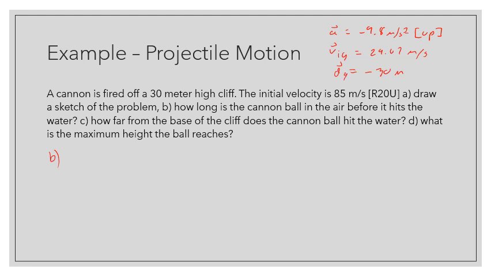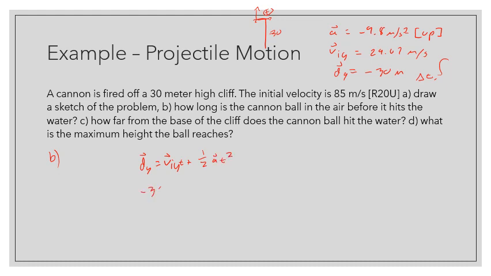We know this is negative 30 meters because on this cliff, we can assume that the reference frame is positive here, so these 30 meters are actually negative. And we're trying to find time. So we can use this kinematic equation: d_y is equal to v_iy times t plus 1/2 a t squared.